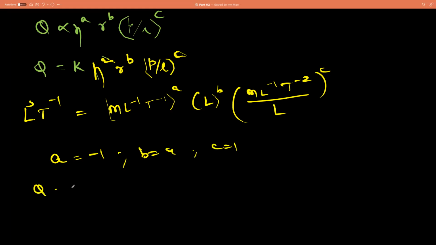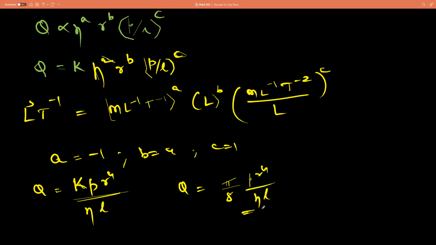Then Q will be equal to K P R power 4, the whole divided by eta into L. The value of K comes out to be pi by 8, which is again found experimentally. That is why Q is equal to pi by 8 into P into R power 4 divided by eta into L.